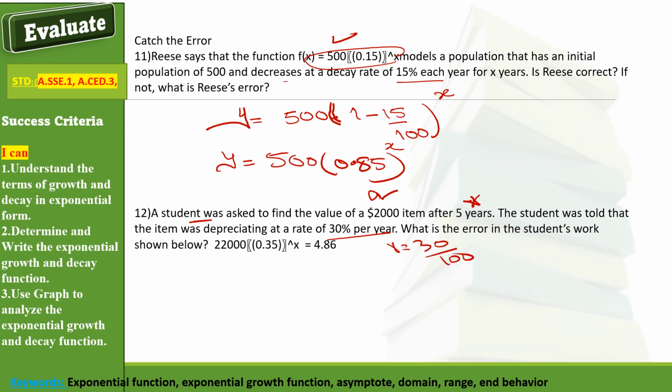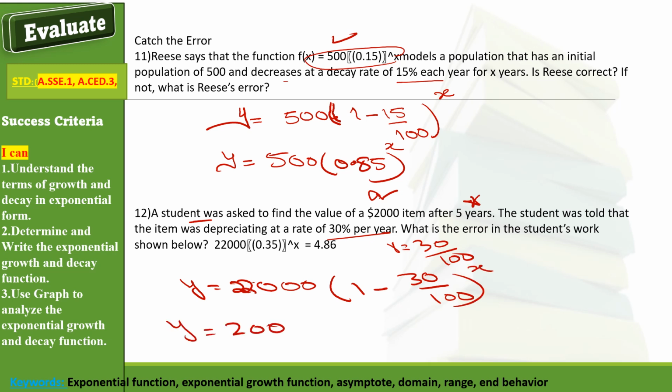So let's first model our situation: the initial value is 2000, depreciating at 30%, and then x. So 1 minus 30 over 100 means 0.70 whole to the power of x.